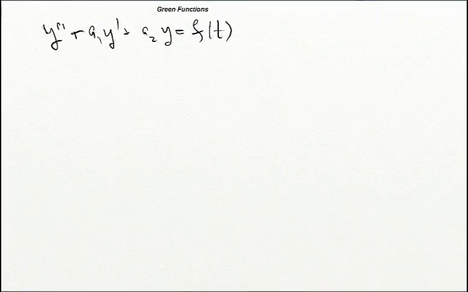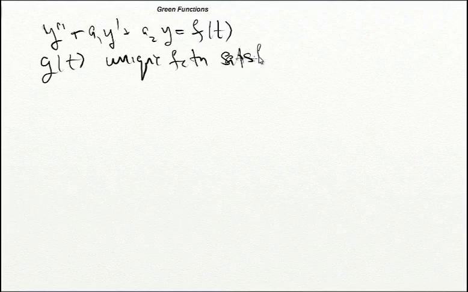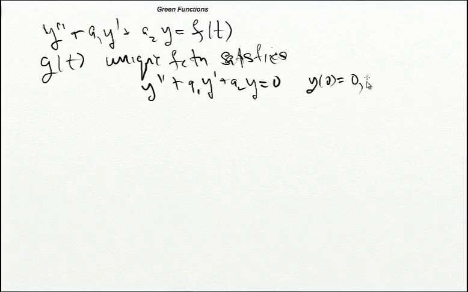Then the Green function associated with this, the function g(t), is, by definition, the unique function which satisfies the homogeneous equation y'' + a1y' + a2y = 0, and the initial conditions y(0) = 0, y'(0) = 1.